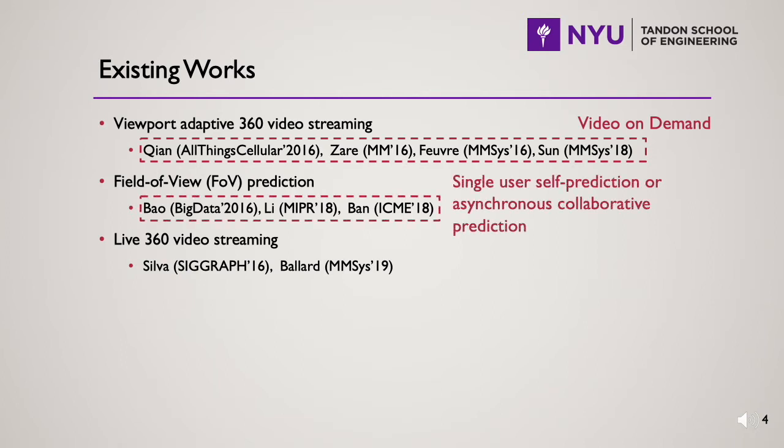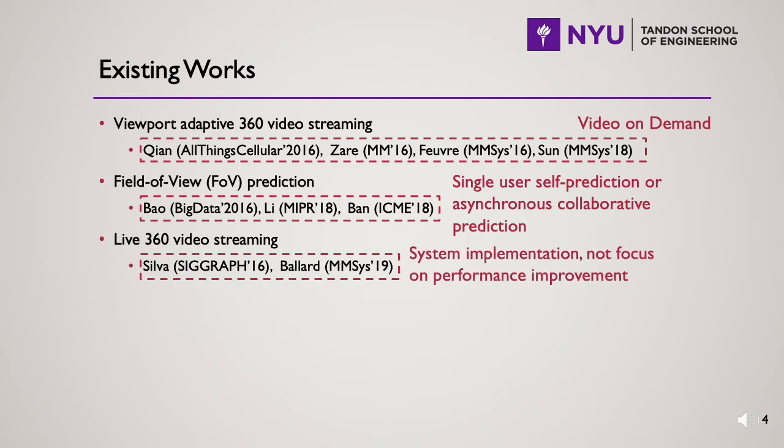These works use either self-prediction, which means users make predictions based on past FOV trajectory, or asynchronized collaborative prediction, which assumes FOV data of other users is available. There are also some works about live 360 video streaming. Both of the works here are about system implementation, but not for performance improvement.